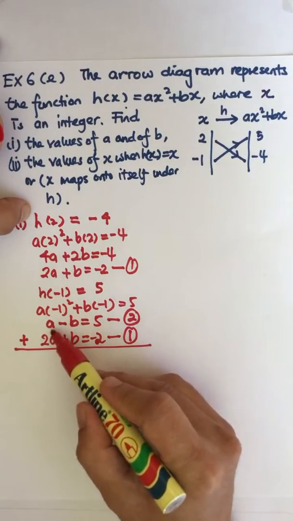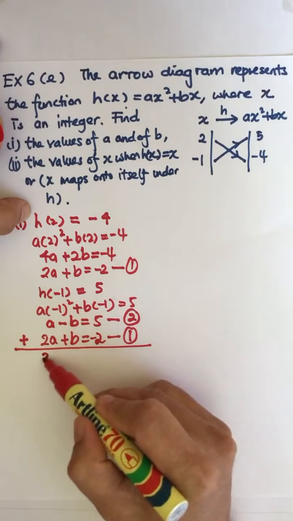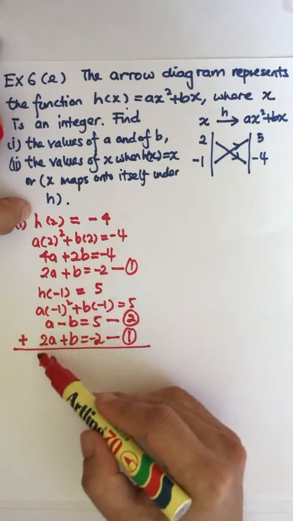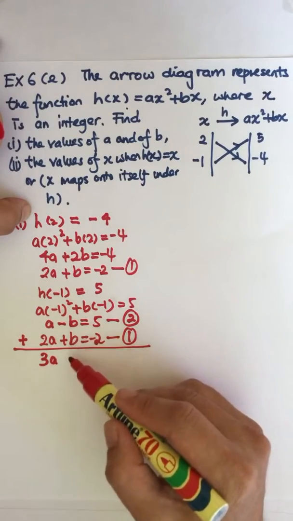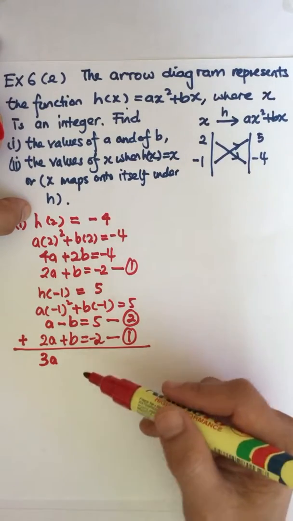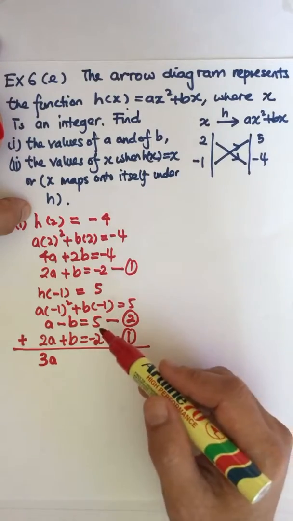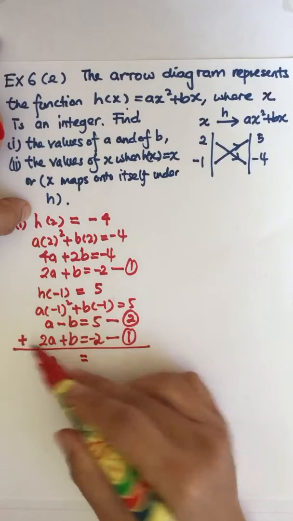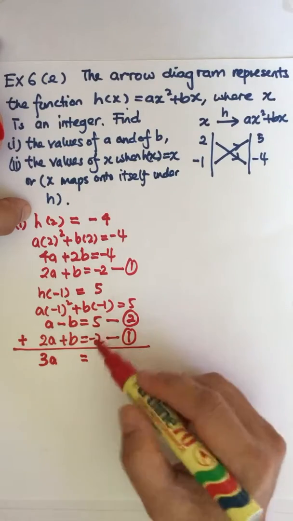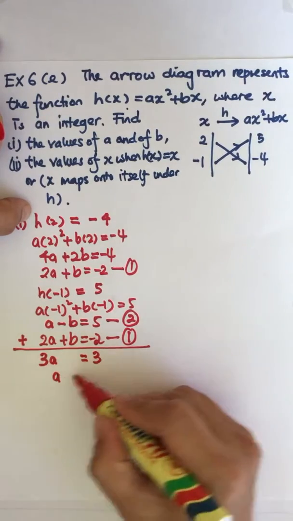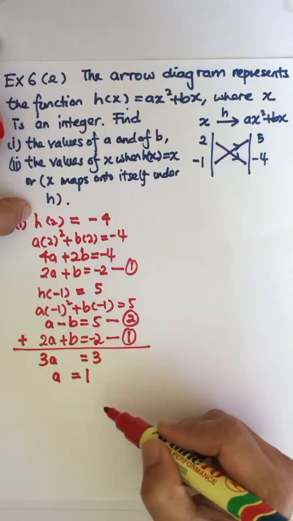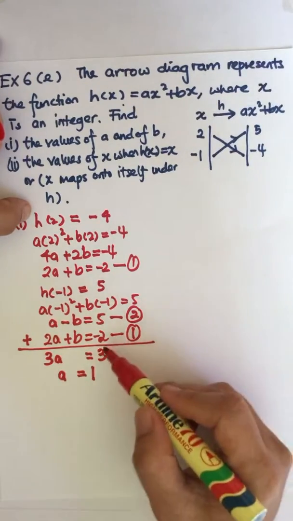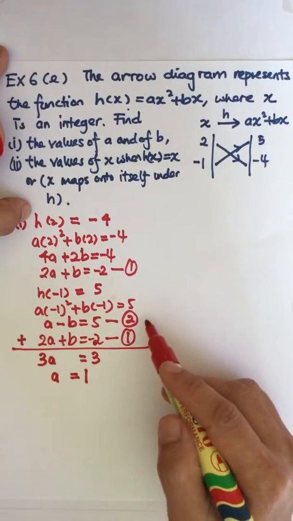So 2a plus a, you get 3a. Negative b plus b will get 0, same as negative 1 plus 1. Then 5 plus negative 2 will be 5 minus 2, you get 3. So therefore a equals 1. To get b, you can substitute a = 1 into equation 1 or 2.